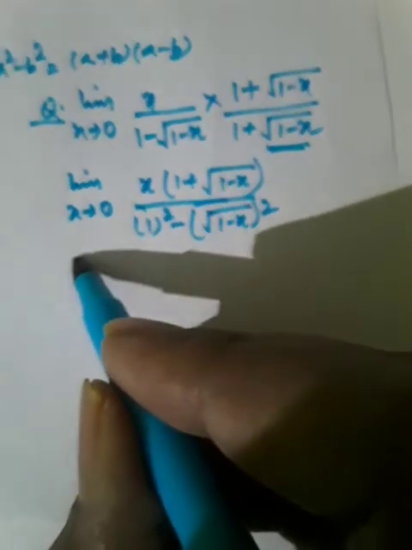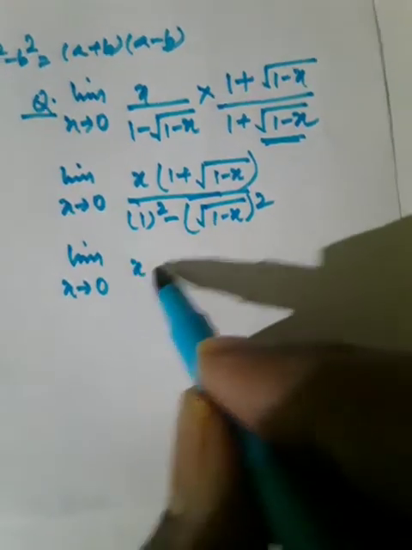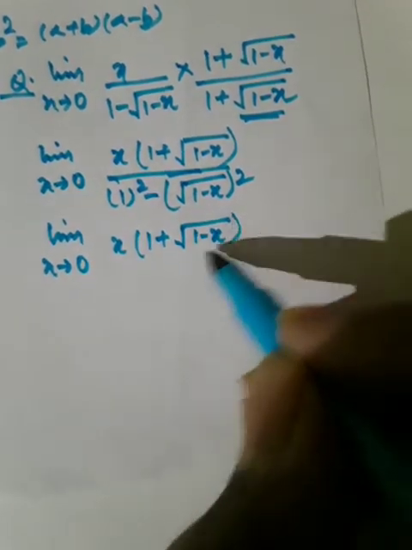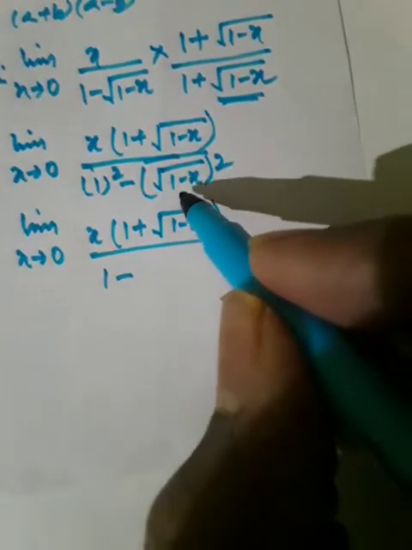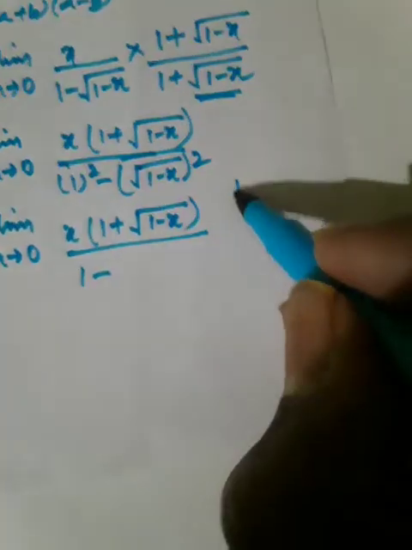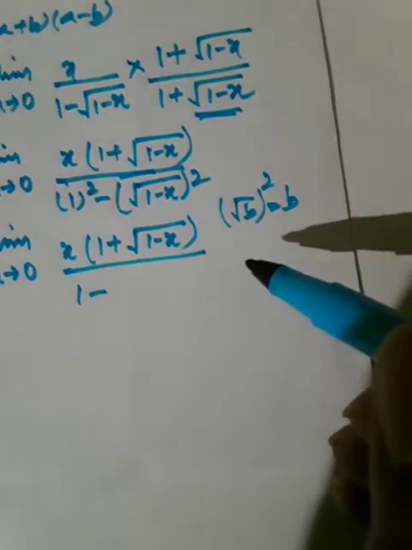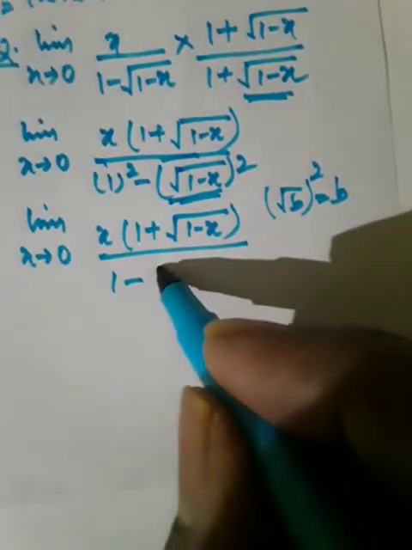It becomes limit x tends to 0 of x(1 plus under root 1 minus x) by 1 minus... we know that the square of under root b is b, so here it will be 1 minus x.